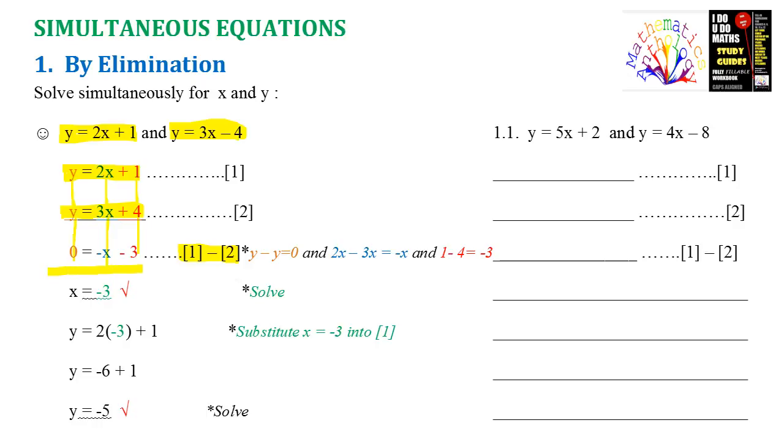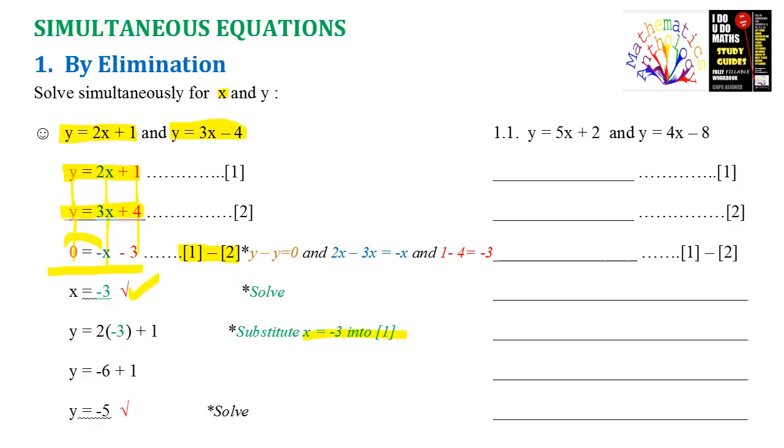If I solve this equation by taking the negative x over, I will end up with x is equal to negative 3. Now that I have my x answer, I need to substitute it into either one of the original equations. My x answer I know is negative 3. So I will substitute x equals negative 3 into equation 1.